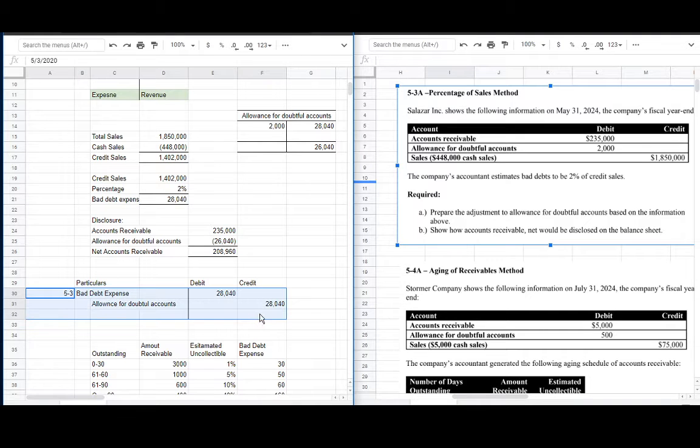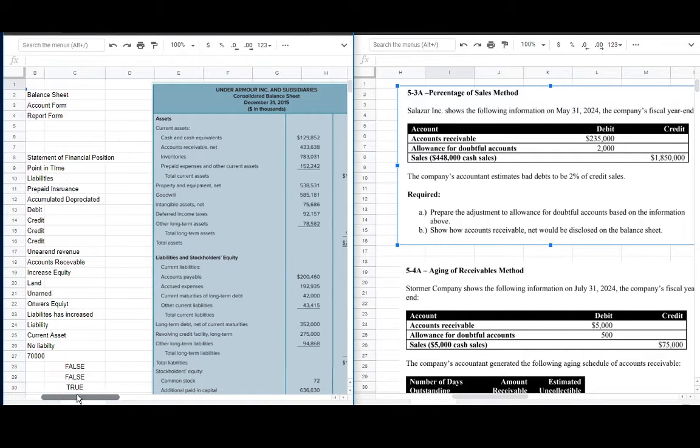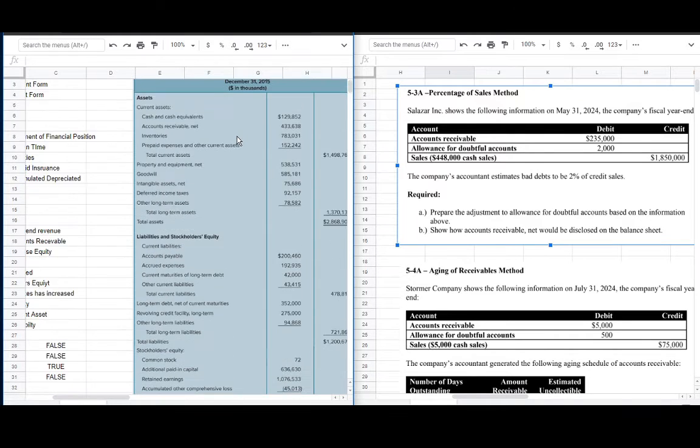And so this is the journal entry, 28040. We have a 2,000 balance, and its normal balance is a credit, so 2,840. We end up with 2,640 in the allowance for doubtful accounts. So how is this disclosed in the balance sheet? This is an example of a balance sheet, a report form balance sheet, which is vertical.